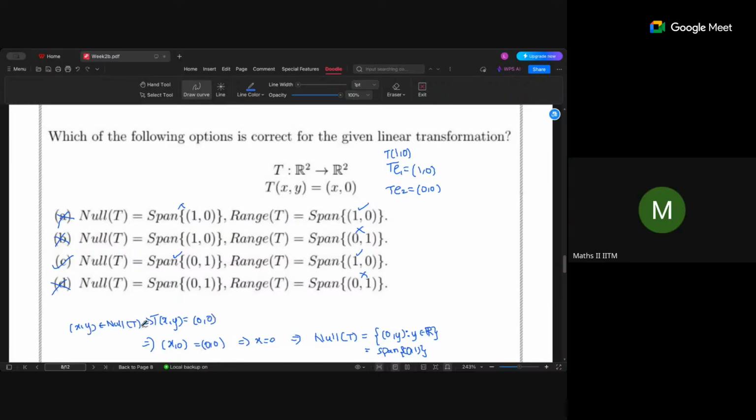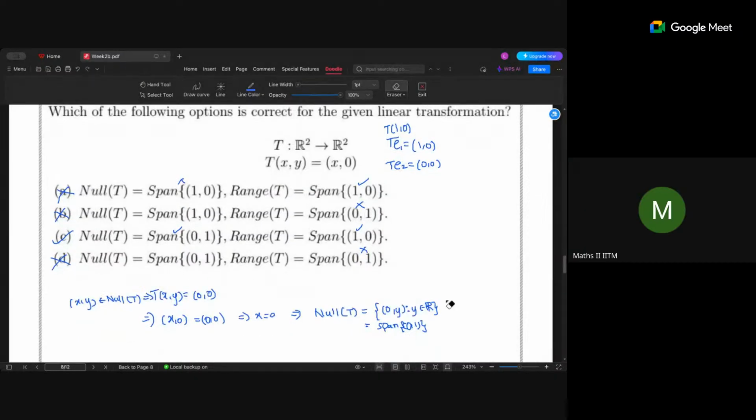So what is null of T? All the vectors (x, y) where x is 0. So I'm replacing x with 0 here. And you know that this is simply the span of (0, 1). Okay, I will write it more clearly here. (0, 1). So the definition of null of T is the set of all (x, y) such that T of (x, y) is equal to 0.